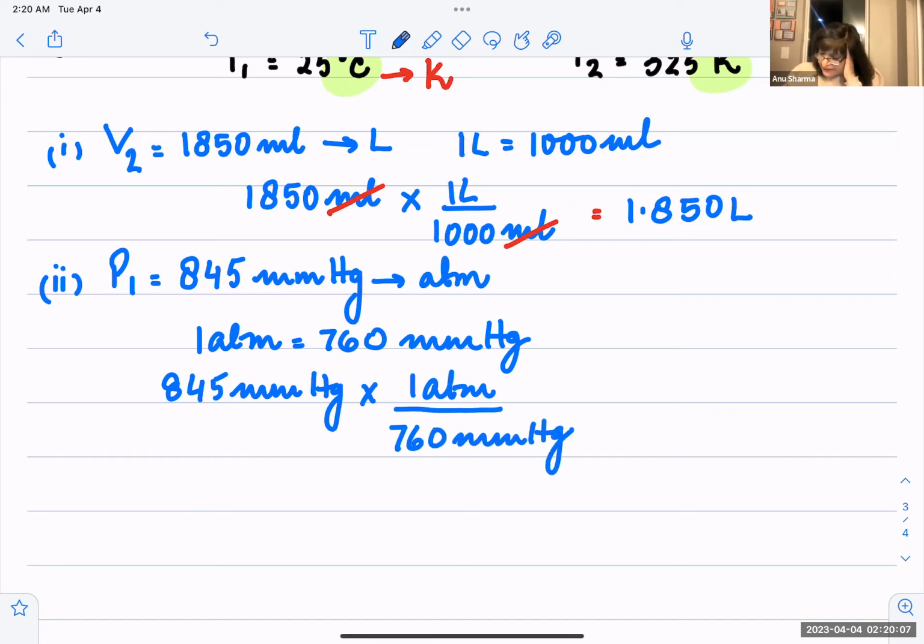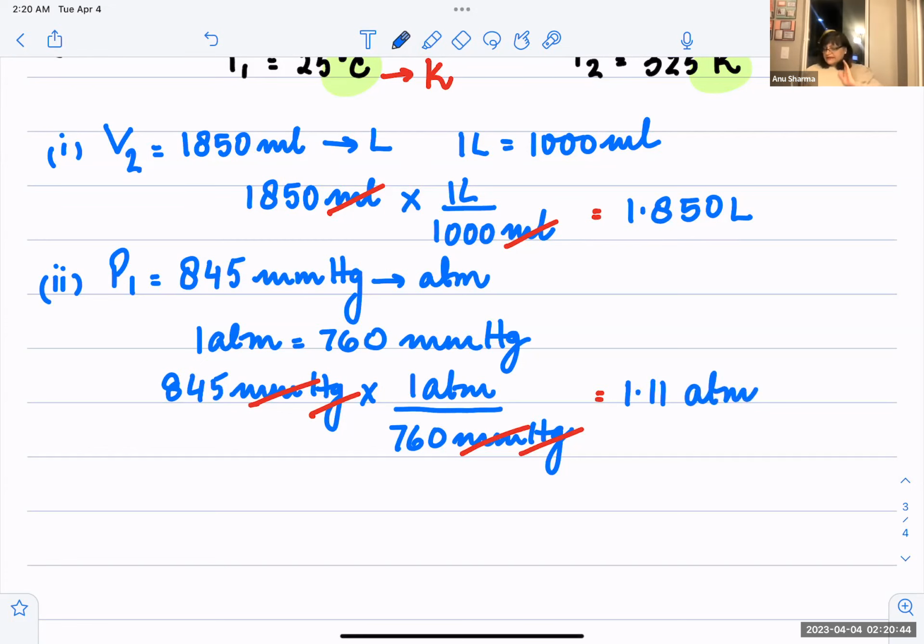The millimeters of mercury cancel out, so all you have to do is 845 times 1 divided by 760, and you get 1.11 ATM.